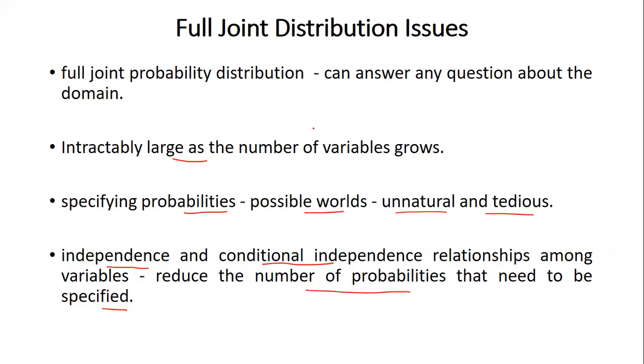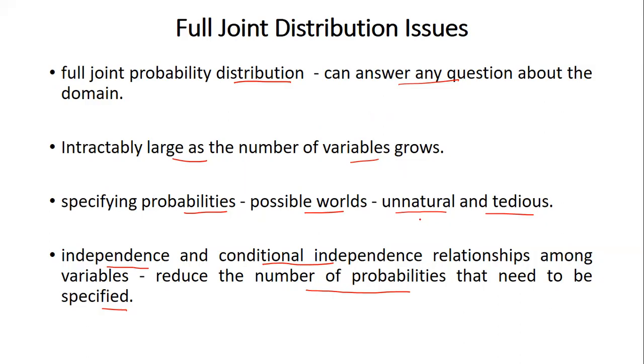The advantage of full joint probability distribution is that when you have a table of full joint distribution for a list of random variables, then using that table you can answer any possible question in that given domain. But the problem is, as the number of variables grows, the size of the table will also grow. Identifying and specifying the probability for every combination is really unnatural and tedious.